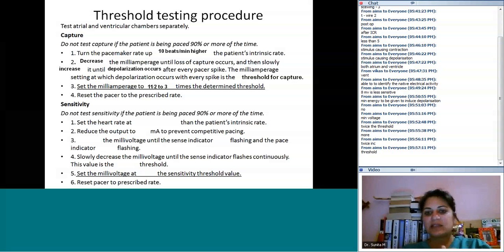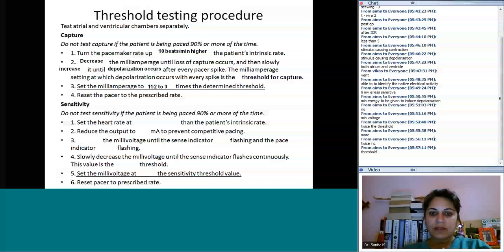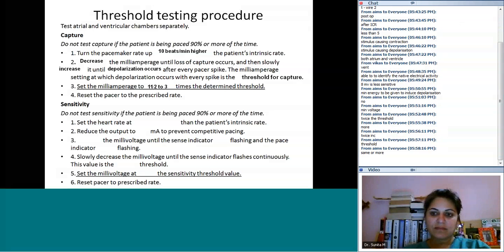Now similarly, sensitivity. How do you test sensitivity? What do you set the heart rate at compared to the patient's intrinsic rate? More or less? So what are you trying to do in sensitivity?